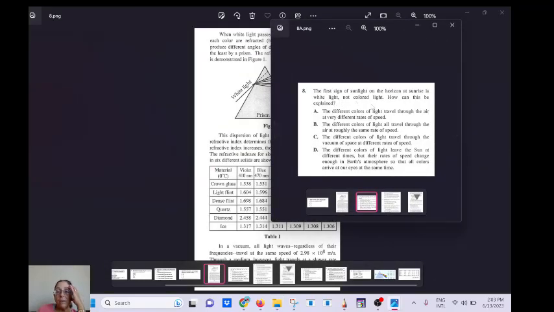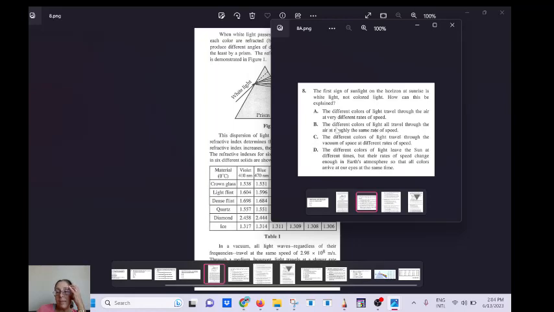White light, not color light. How can this be explained? If you see white light, that means the index is almost 1, right? So that means there is no refraction. So the light does not travel at different rates of speed.